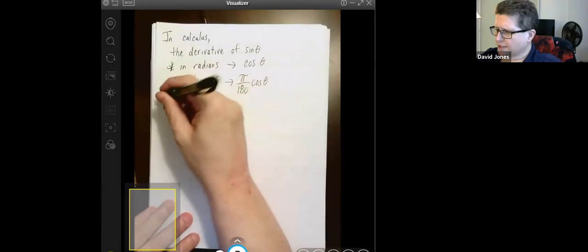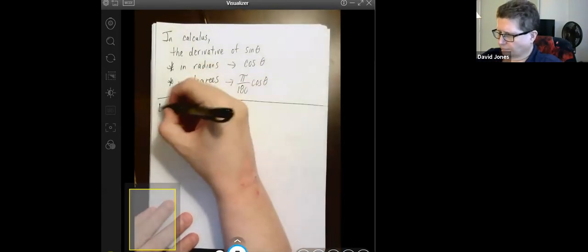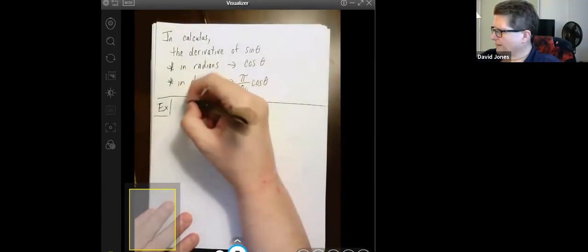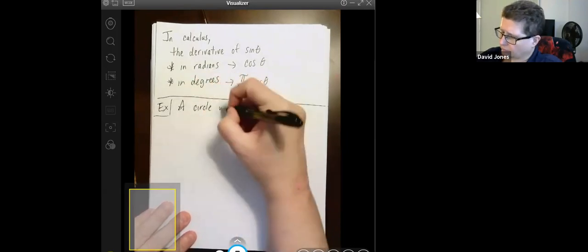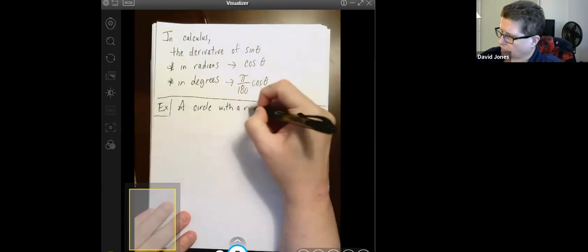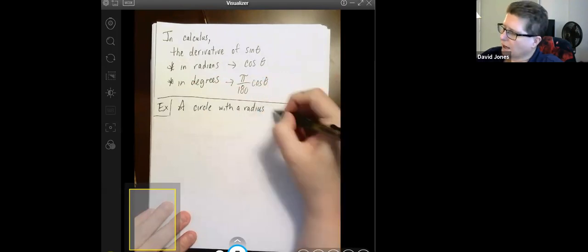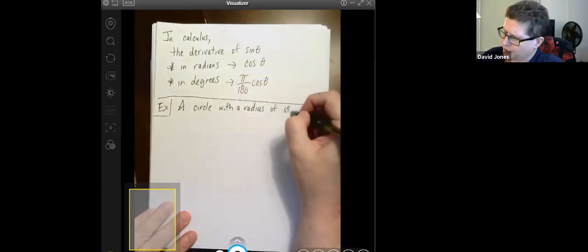So let's look at some more stuff. We have a circle with a radius of 18.20 centimeters.